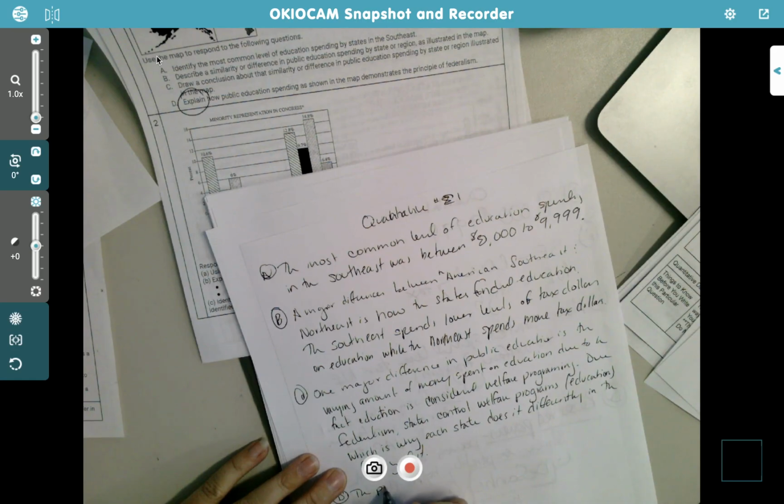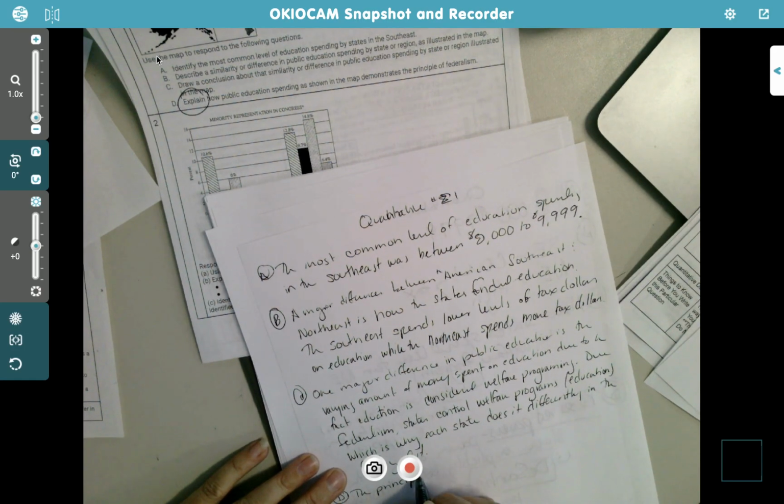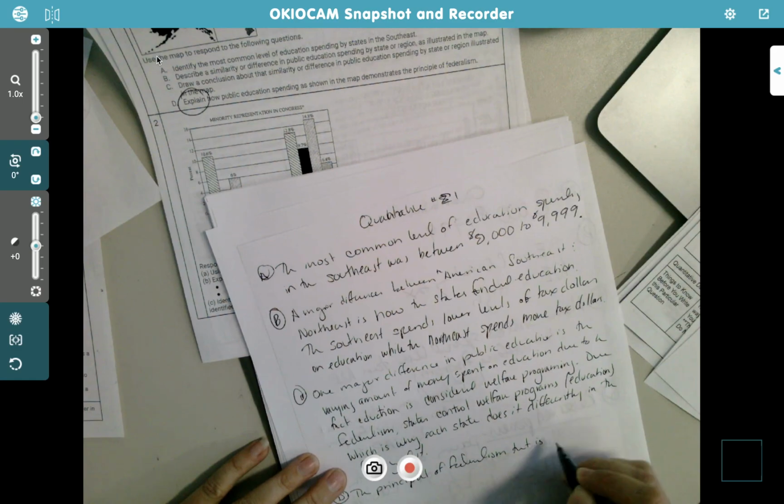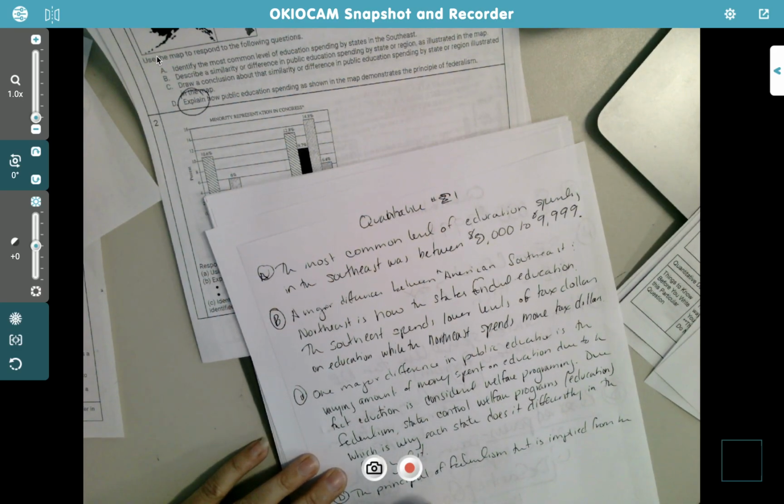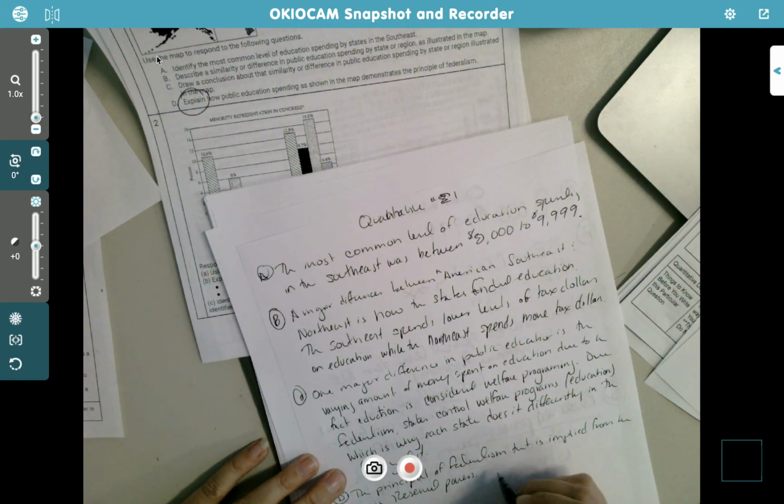The principle of federalism that is implied from the map is reserved powers.